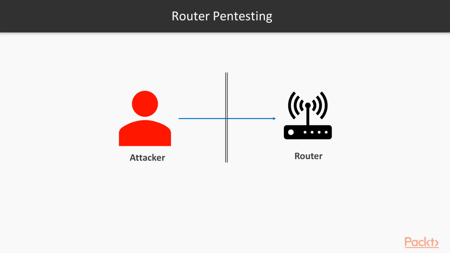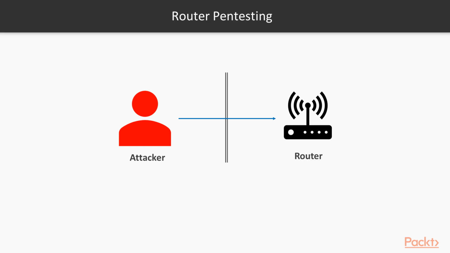The process is quite simple: you consider yourself as an attacker. In pen testing we consider ourselves as an attacker. An attacker is trying to get information about this router. So this is your router. The router has different kinds of services like SSH and SNMP, and these services are all running inside your router machine.